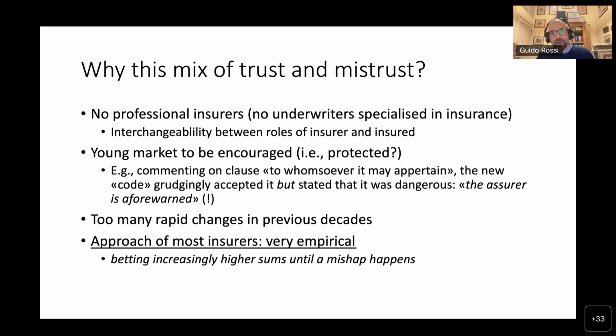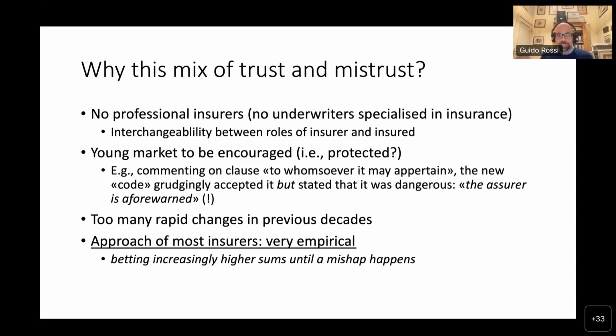They go as far as saying, for instance, in the one I was showing you a moment ago, the clause to whomever it might pertain, well, don't do it. And if you really want to do it, well, the assurer is forewarned, meaning it's really risky. If you're stupid, well, go for it, but I told you so. So they were trying to protect the insurers because they wanted to foster this young market.